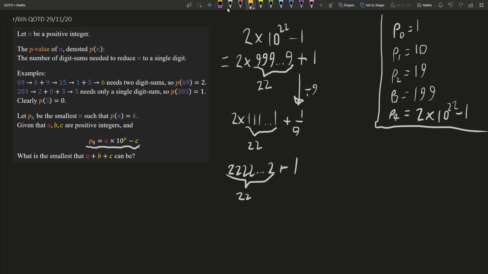And we can write P5, the one we're actually looking for here, as, again, 2 times 10 to the power, and then it's actually this big number, so it's 2, 2, 2, 2, 2, 2, 2, 2. Okay, and then we want to minus off 1. And it says here, what is the smallest that A plus B plus C can be?